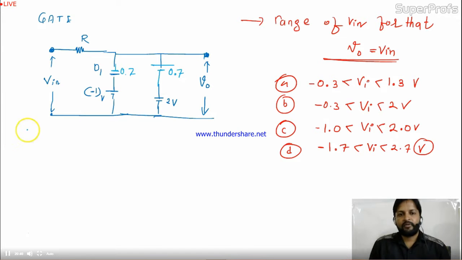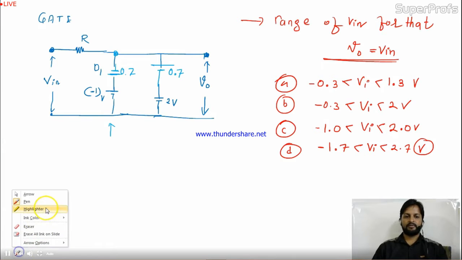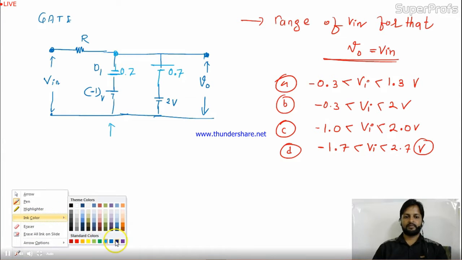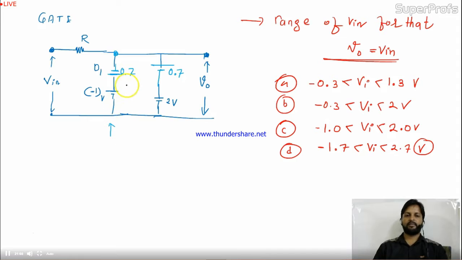Okay. Now the diode D2, we'll check one by one. Okay. This is 0.7 given over here. This is minus volt. So here if we'll talk about this circuitry, this circuit is providing. Let me change the pen color. For this circuit I'm talking about.